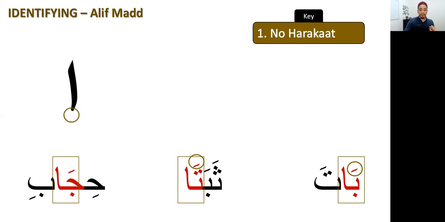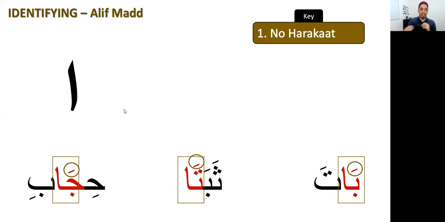Second thing, and I want you just to quickly say this. If you look at the letter before the alif mad, what is one thing that all those letters have in common? They're all different letters. There's a ba, ta, and tha. But what do they have in common? Fatha.